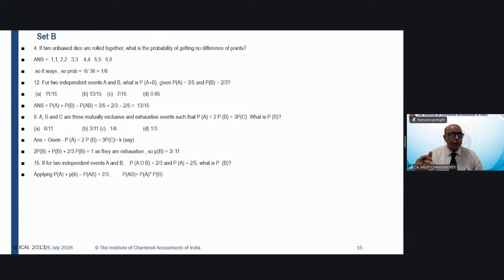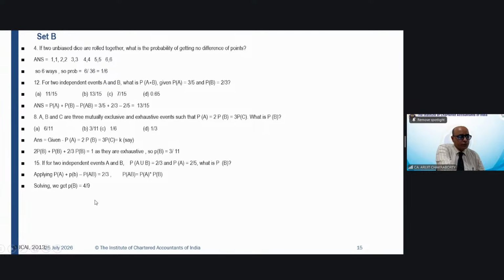We also write P(A intersection B) as P(AB). And since A and B are independent events, P(AB) is equal to the product of the individual probabilities, P(A) into P(B). But here we don't know how much is P(B). But we know P(A union B) is 2/3.